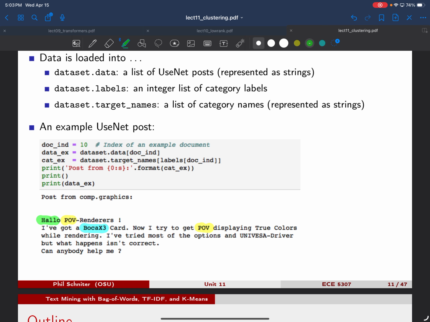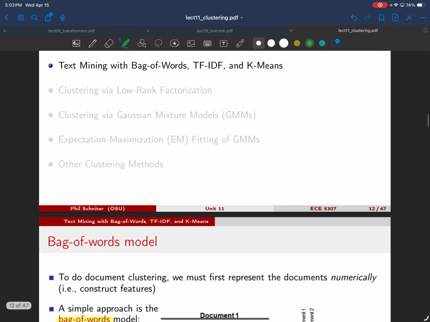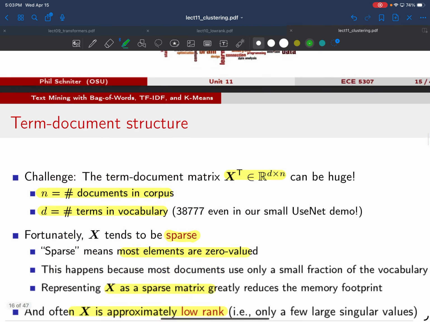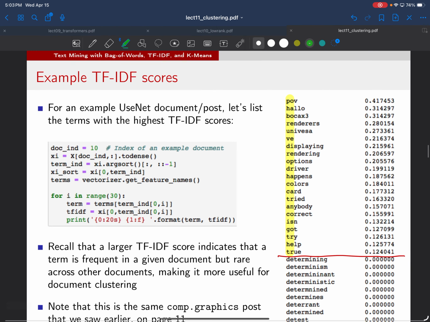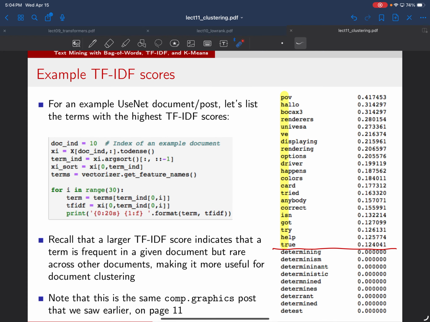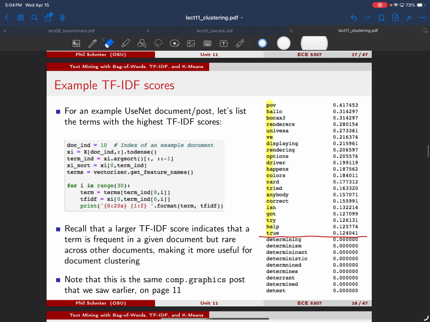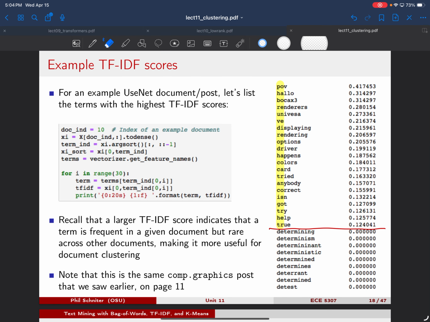So that explains how those TF-IDF scores are generated. And obviously, this vector is extremely sparse. Maybe 25 out of 38,000 are non-zero. The rest are 0. Any questions on these scores?